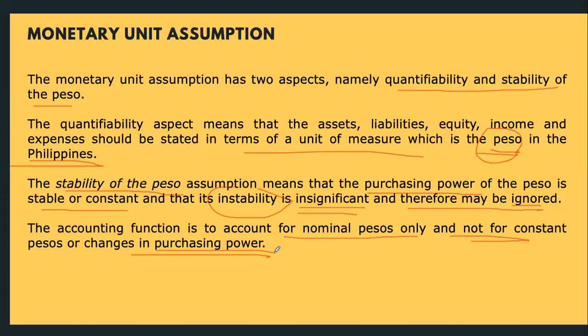So dili necessary ang changes sa purchasing power nimo, di ba? So we assume that stable imong purchasing power, which is ang peso. But on the measurement, pwede nato i-measure, di ba, kung at cost siya, so katong after 5 years pila na ang value niya, so we can measure it at siguro at current value, depende sa company.